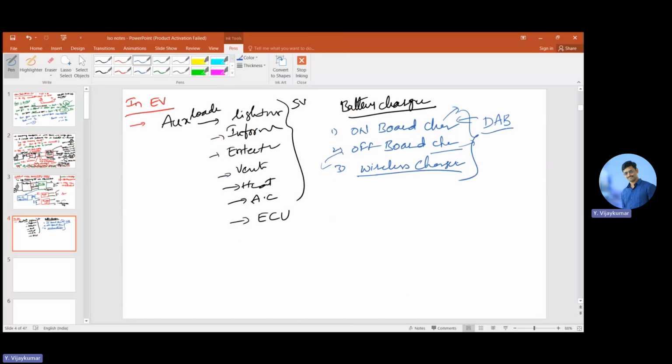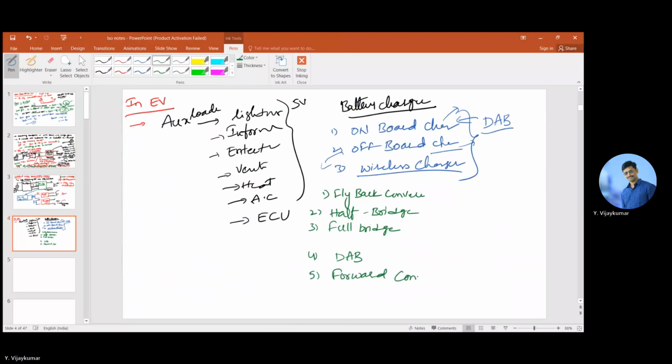So first, we will have a flyback converter, and next we'll have half bridge converter, and we have full bridge converter, and we also have the fourth one, dual active bridge converters, and the fifth one, forward converters, and the sixth one we have push pull converters.